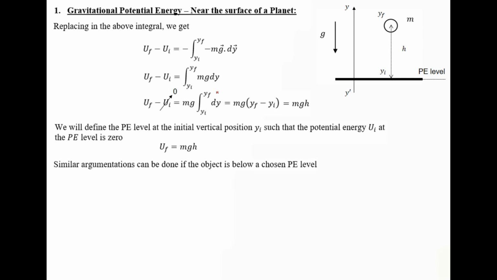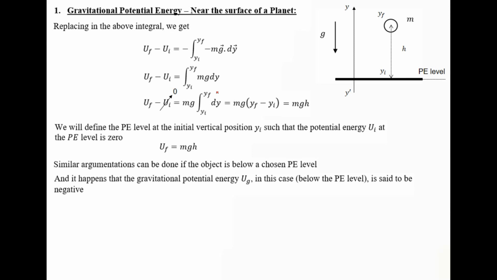Similar argumentations can be made if the object is below a chosen PE level, and it happens that the gravitational potential energy U_G in this case, below the PE level, is negative, and this has nothing to do with the origin of the y-axis.